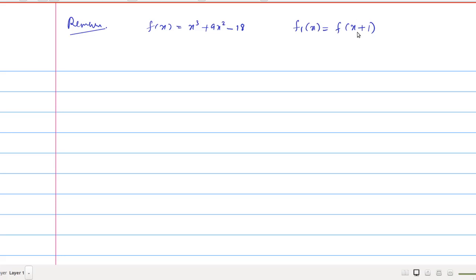Just replace x by x plus 1 in f of x, so that will give a new f1 of x. In the previous problem, you have seen that this value is x cube plus 12x square plus 21x minus 8. Okay, so there is another method to find this equation, that is explained here.